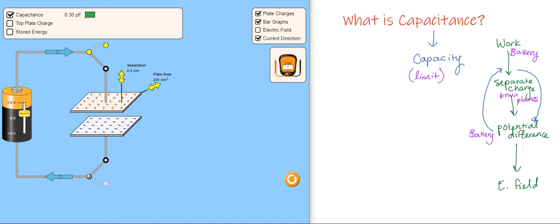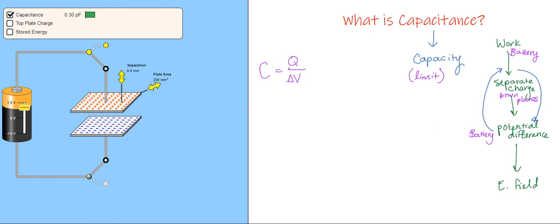Now, as I slide the charge dial over here, you can see that more or less charge is being separated. So over here we might have X number of charges being separated. If I increase the potential, we see that there's more charge separated.